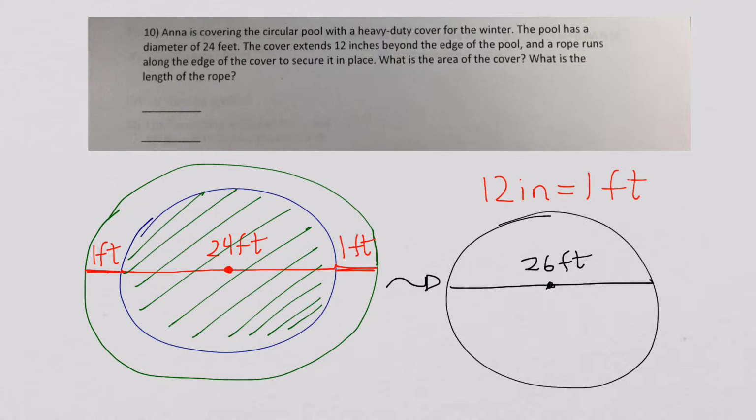In order to use our equations, area equals pi r squared or circumference equals 2 pi r, we need r. So you'll remember that the diameter is 26 feet. So d equals 26 feet. The radius is half of that. So we have 26 feet divided by 2, which is 13 feet. That is our radius.